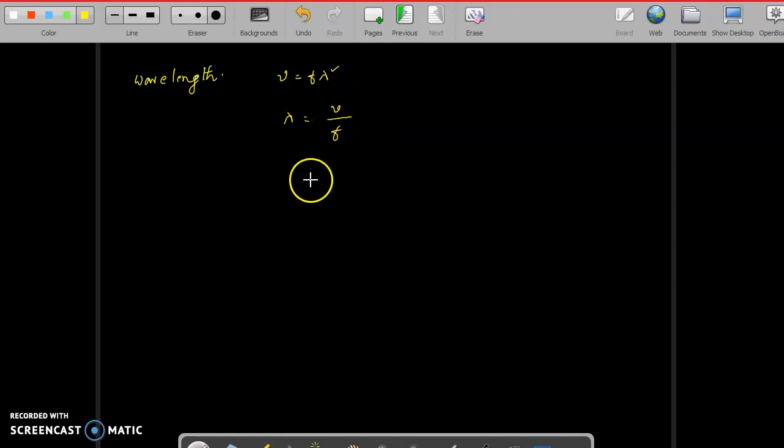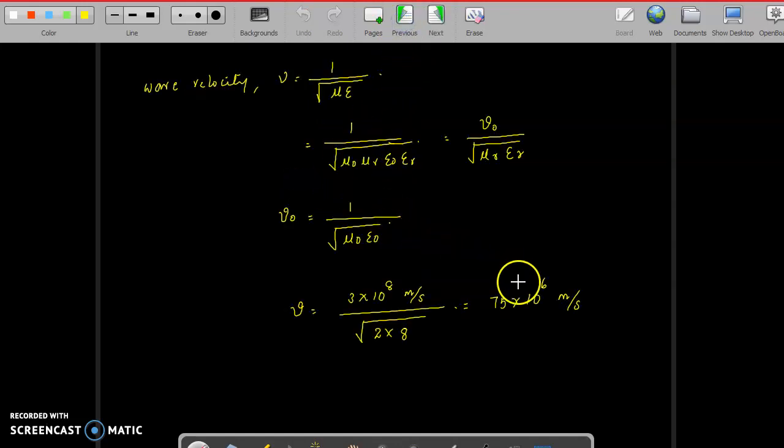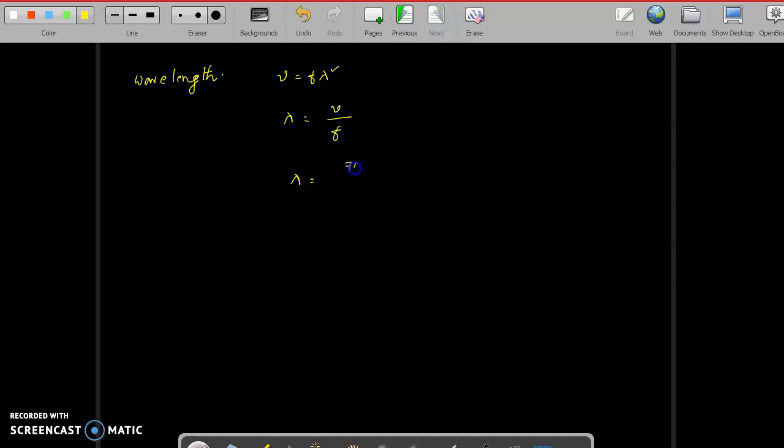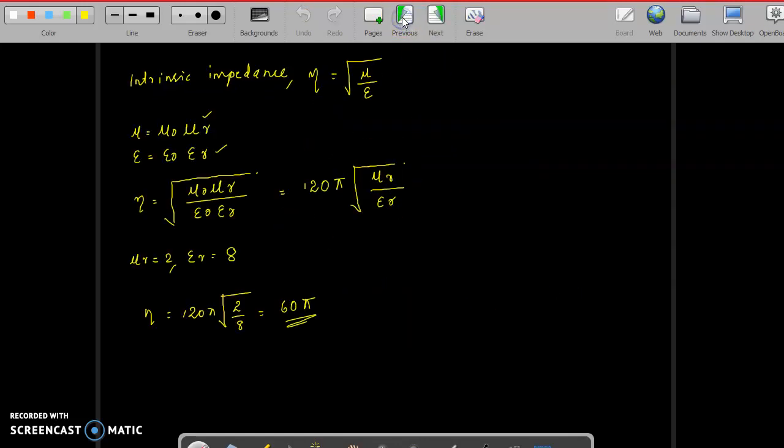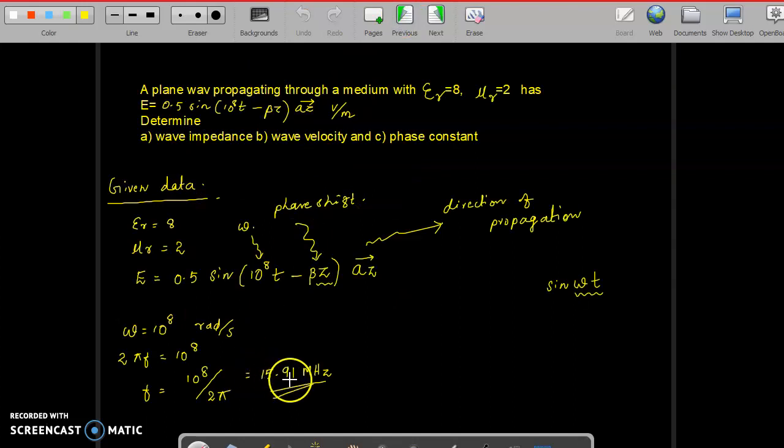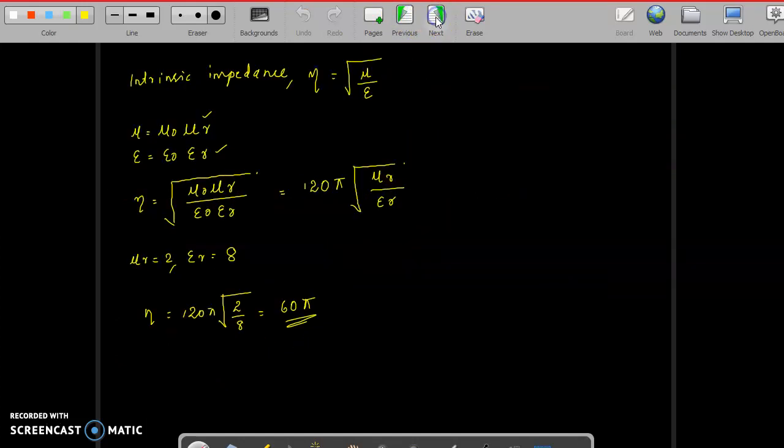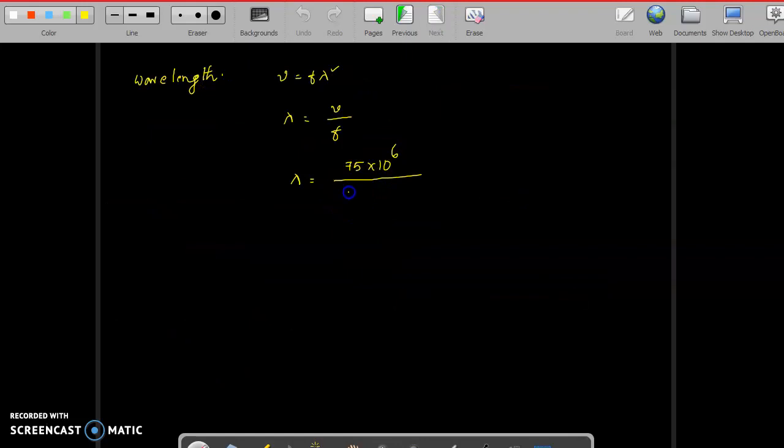We know that v, the velocity, is 75 times 10 power 6, and the frequency is 15.91 megahertz, that is 15.91 times 10 power 6.